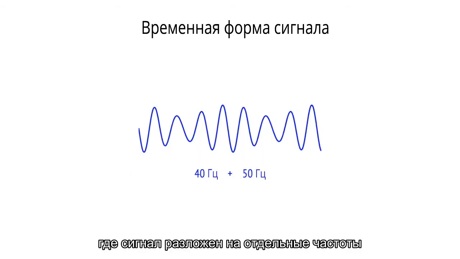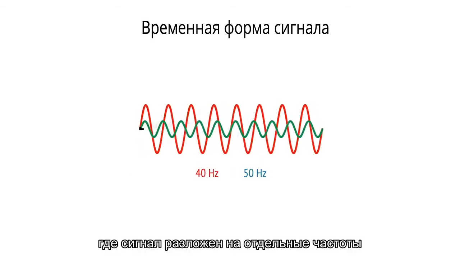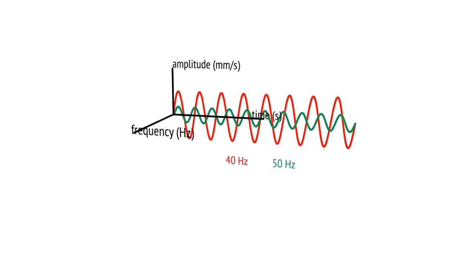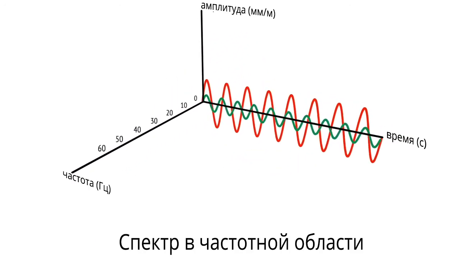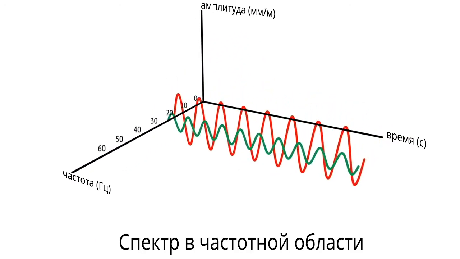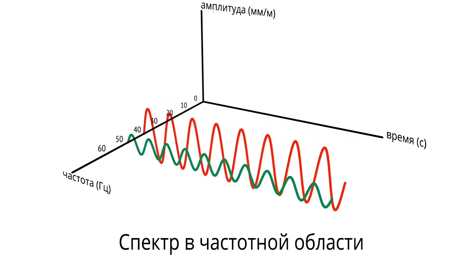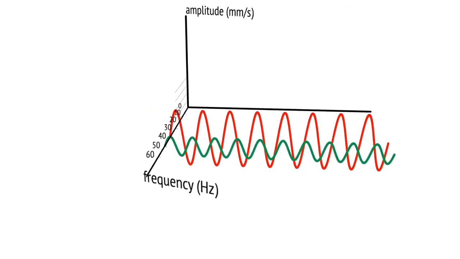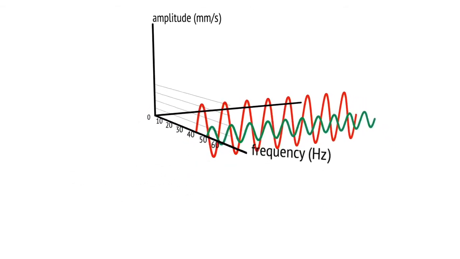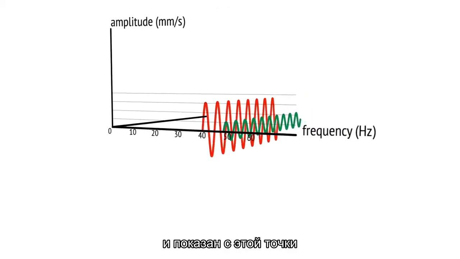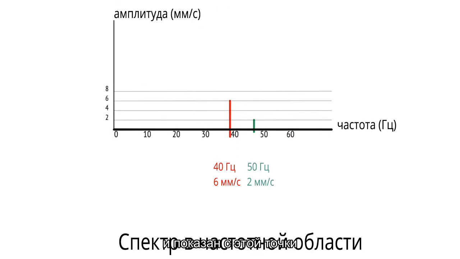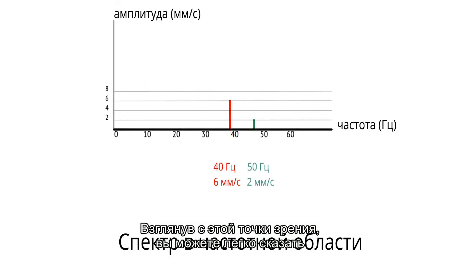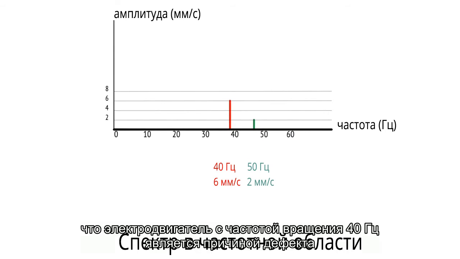So the signal will be decomposed into discrete frequencies and shown to you from this view. And from this point of view, you can easily say that the motor with the speed of 40 Hz is causing the problem.